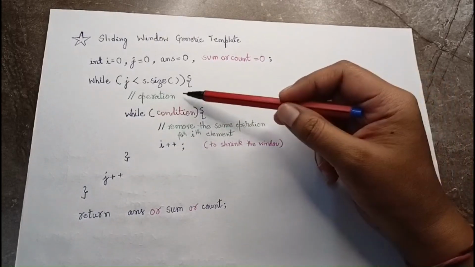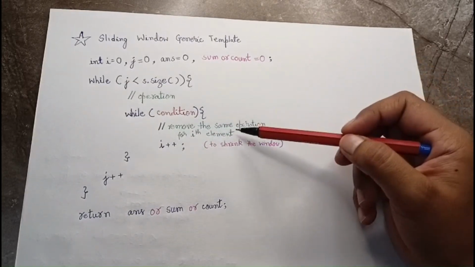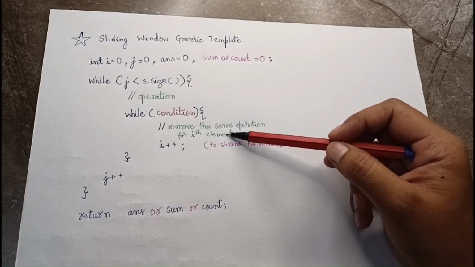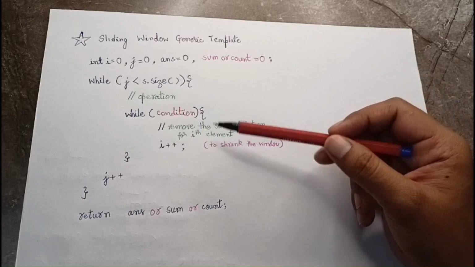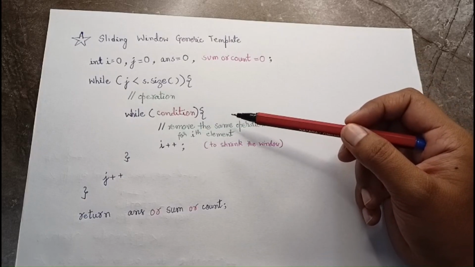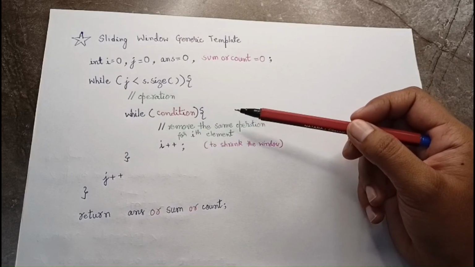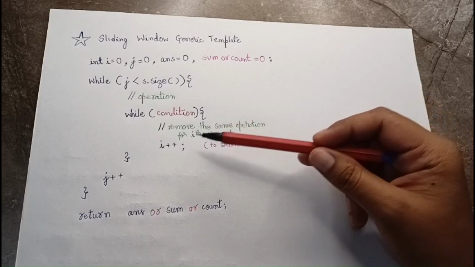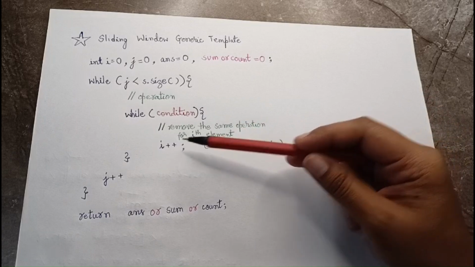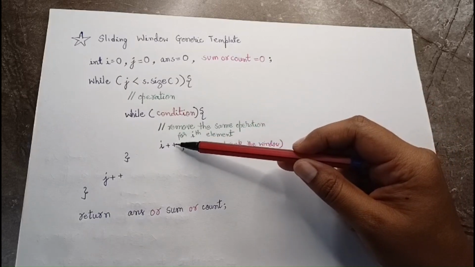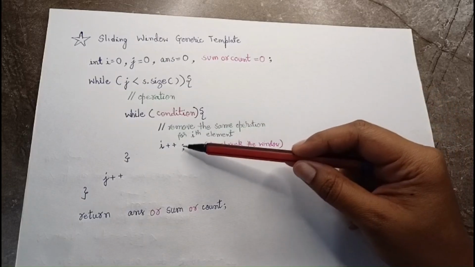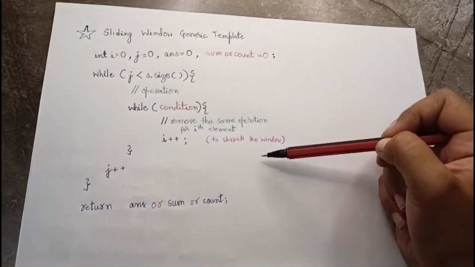Then the similar operation that we performed will be performed for the ith element, and based on that we will remove that ith element, so that our window size is in the condition that the question specifies. Then to shrink the window, of course we need to move the ith pointer, the starting pointer, to the right. So this will be done by I plus plus to shrink the window.